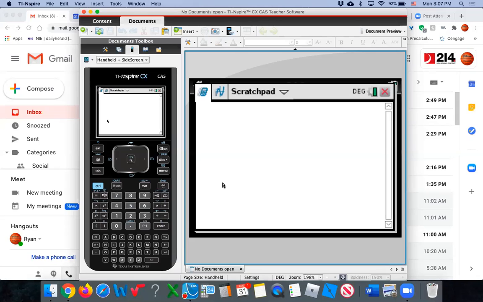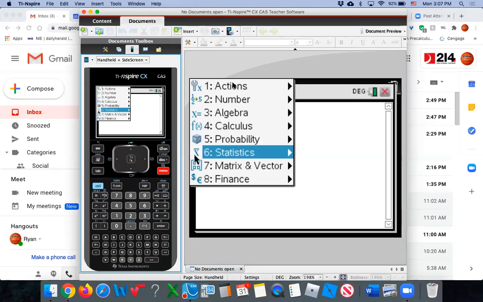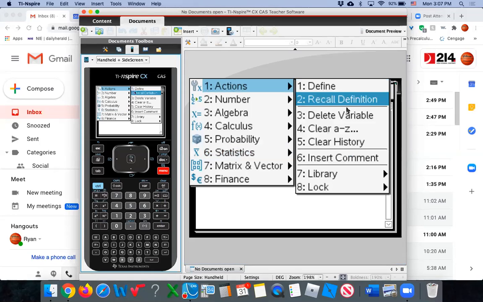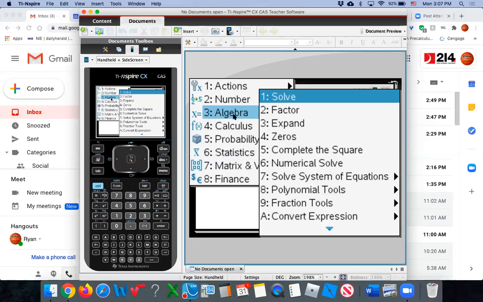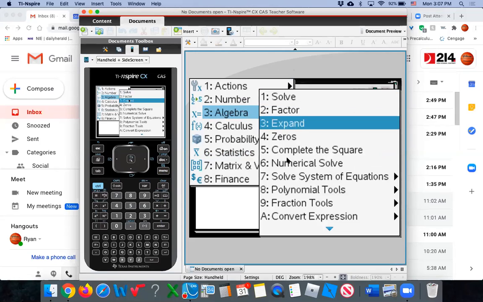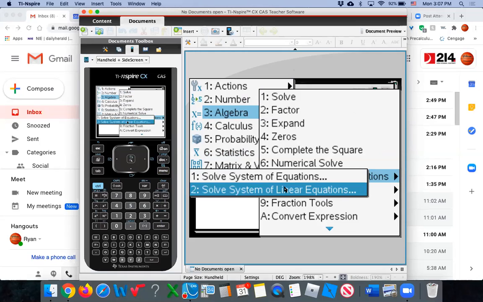So now here are the exact same buttons that we used. Under menu, here are the actions where I showed you before that you could clear the history and things. But what we use a lot is the algebra. So in algebra, you'll go down to solve system of equations. And this is the exact same thing that we had just done on the iPad.